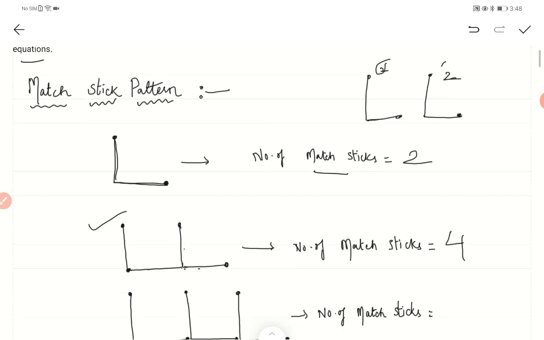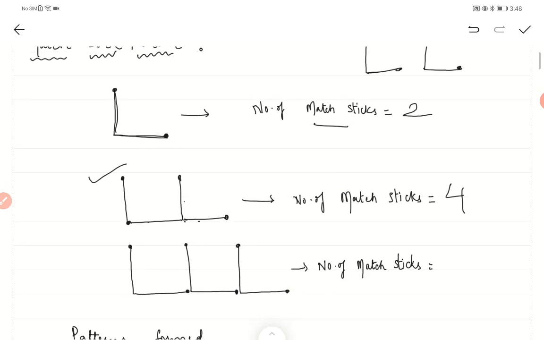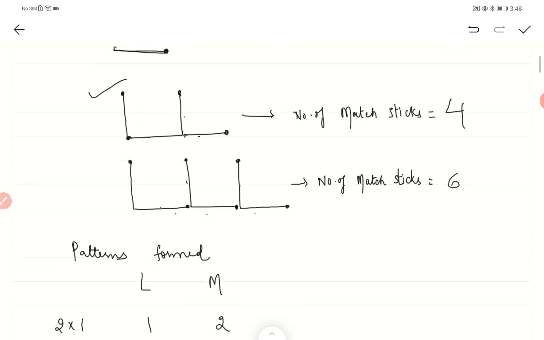Now suppose I want to make 3 L's side by side like this. I will need how many matchsticks? 1, 2, 3, 4, 5, 6. 6 matchsticks.